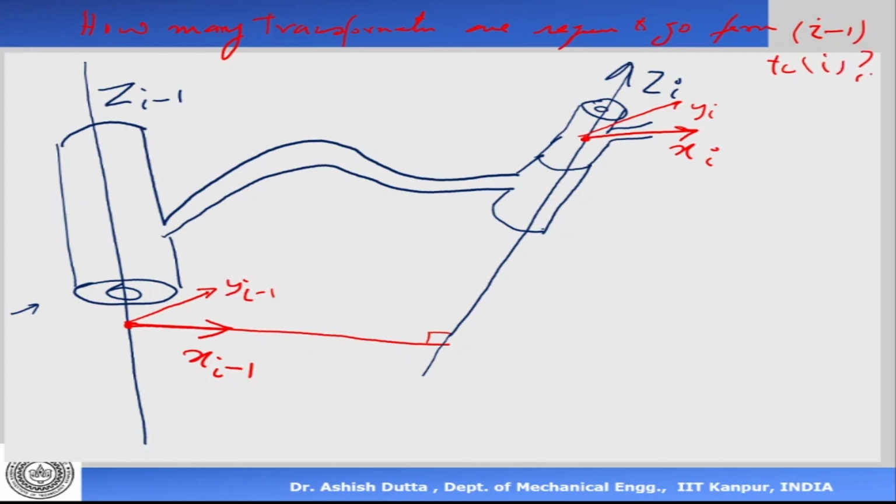Because there are 6 degrees of freedom in three-dimensional space, it would appear that you need 3 translations and 3 rotations. But Denavit and Hartenberg were the first to explain that if you assign your axes like this, where the z-axis is the axis of rotation or translation and the x-axis is the shortest distance, then you don't need 6, you need fewer, which is 4. So which are these 4?